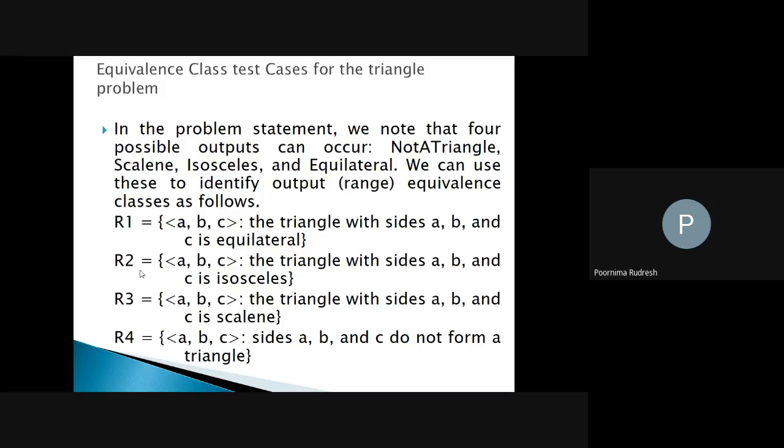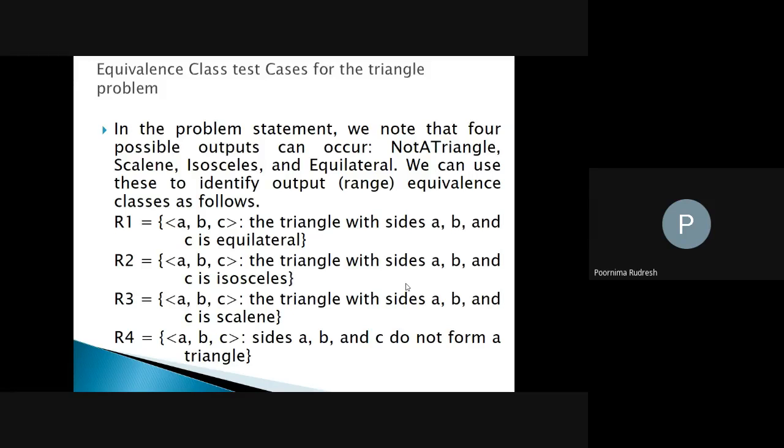When it is an isosceles triangle, if 2 sides of the triangle are equal, then we say that it is an isosceles triangle. So the second case we are defining is R2 = {A, B, C: the triangle with sides A, B and C is isosceles}. So here we'll say isosceles when 2 of the sides are equal. And the third one is R3 = {A, B, C: the triangle with sides A, B, C is scalene}. Scalene means each side is not equal to the other 2 sides, meaning all the sides of the triangle are not equal.